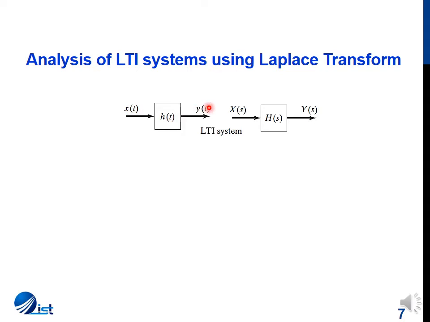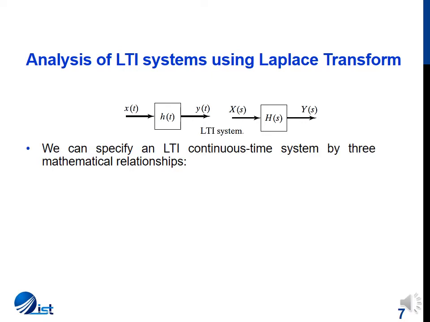Using the property of convolution, this can be simplified in the transform domain as: given input x of s multiplied by the system function h of s, we get our output y of s. So h of s is the transfer function or the system function, and it's the ratio of y of s to x of s using the convolution property.